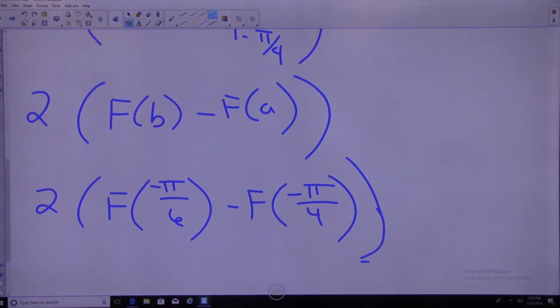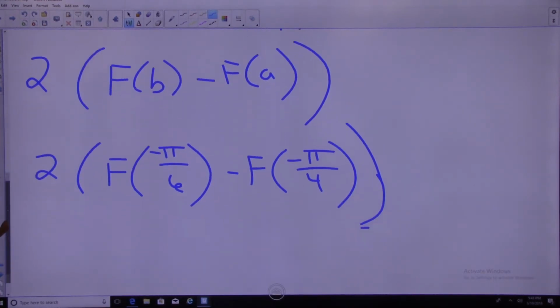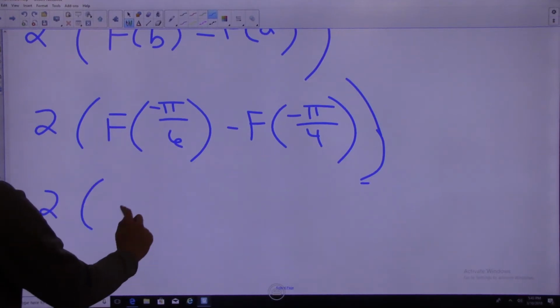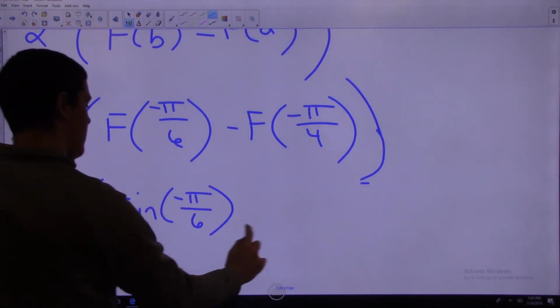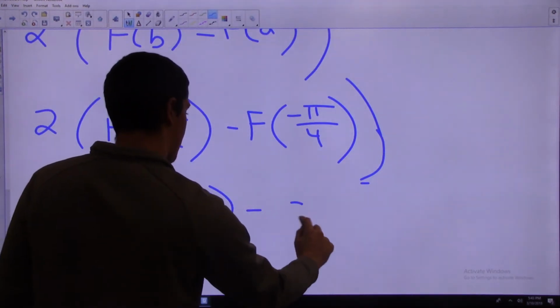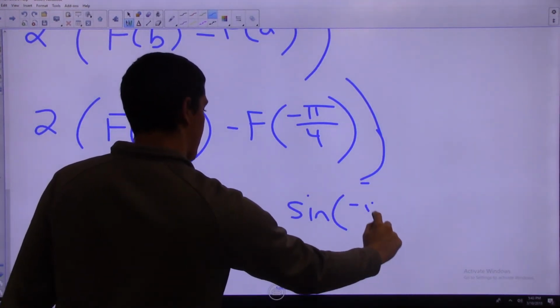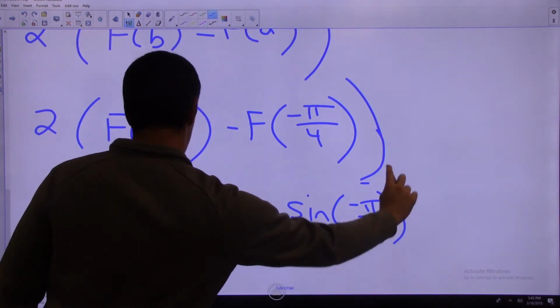So let's keep it going. Pause if you need to. Let's figure out what F of negative pi over 6 is. In order to do that, we've got to plug it back into the function. So it's going to be sine of negative pi over 6 minus sine of negative pi over 4.